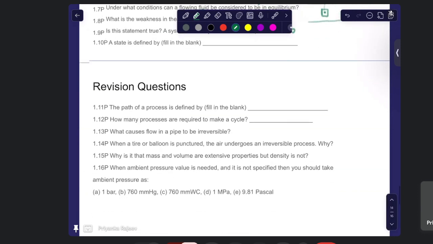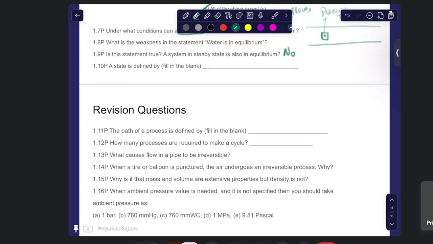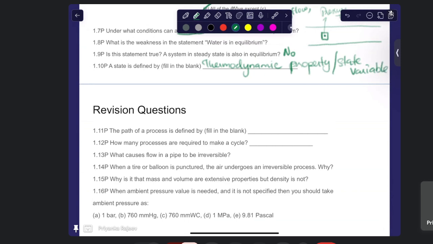Now next, a state is defined by thermodynamic properties, or state variables. If you say state variable instead of property, that is much more clear, right?